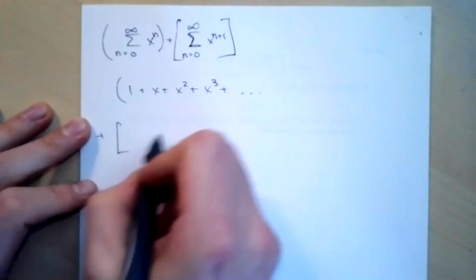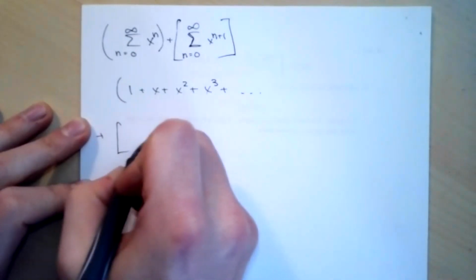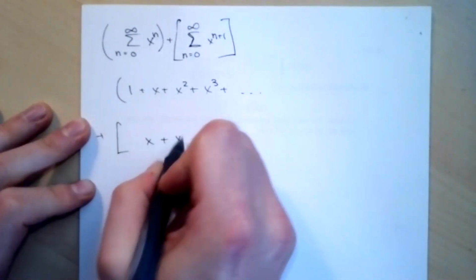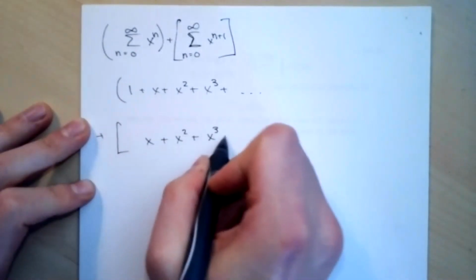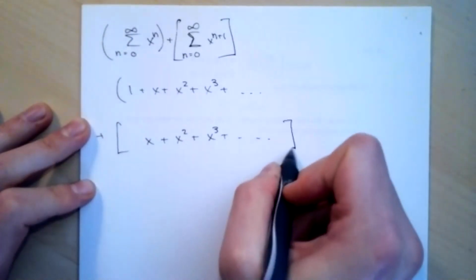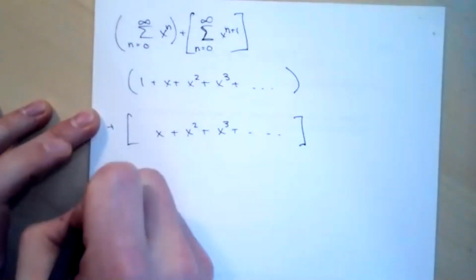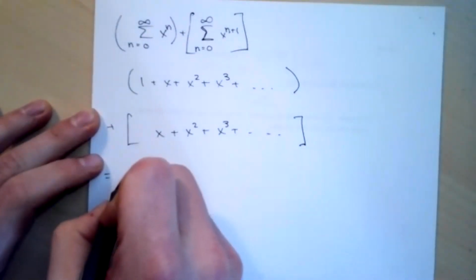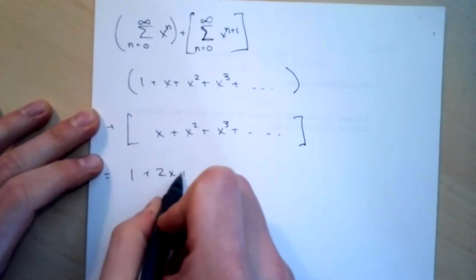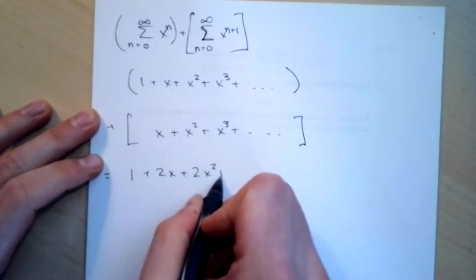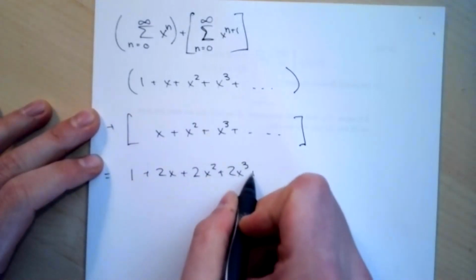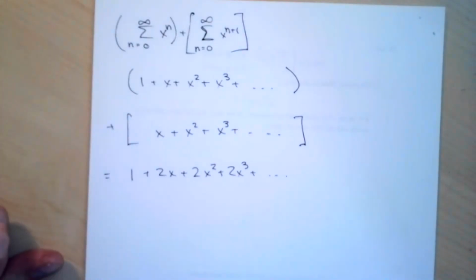And then the next one, we have the same thing, except we start at x plus x squared plus x cubed, and then of course all the way up to infinity. So we could combine all the terms.